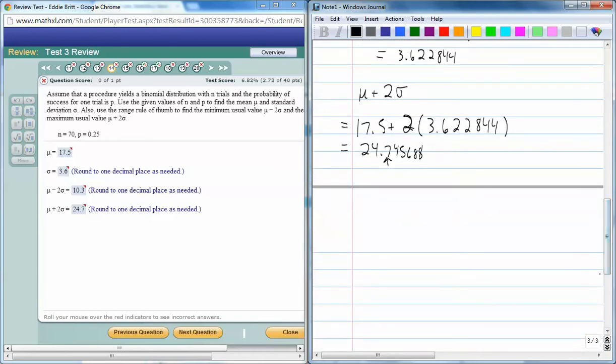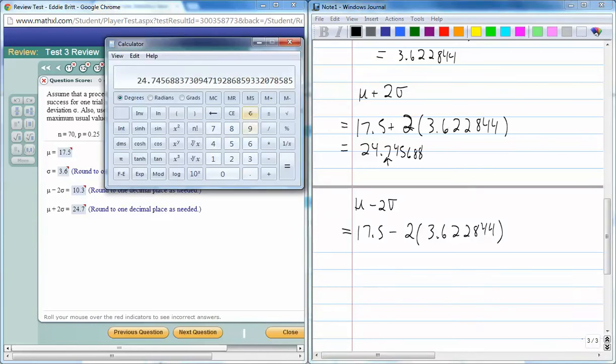Alright, now let's find the minimum usual value. That's mu minus 2 times standard deviation. So the mean was 17.5, minus 2 times the standard deviation. I'm going to try to keep it exact as possible, but I don't have it stored in my calculator anymore, so I'll just carry it out to that many places. So I'm going to say 17.5 minus, now just to be safe in this calculator, I'm going to put this in parentheses.